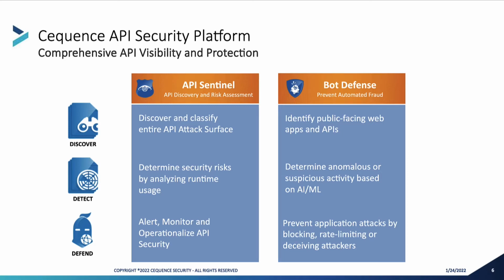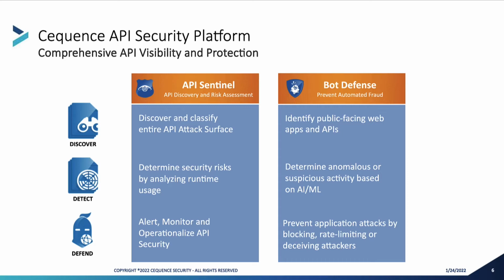So we are an API security platform. API Sentinel is one of the two pillars. The other one is bot defense. API Sentinel is going to give you that discovery, visibility, and inventory tracking of your APIs.